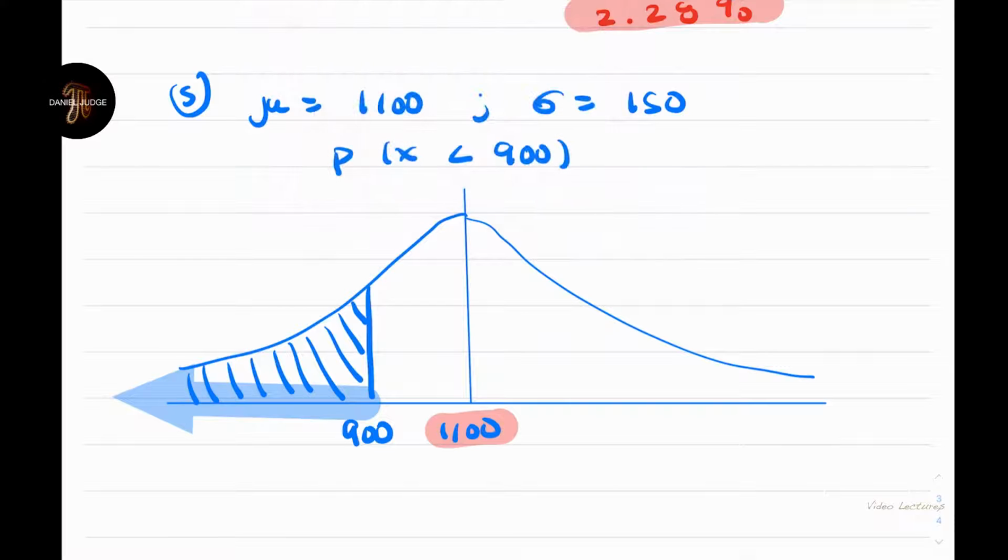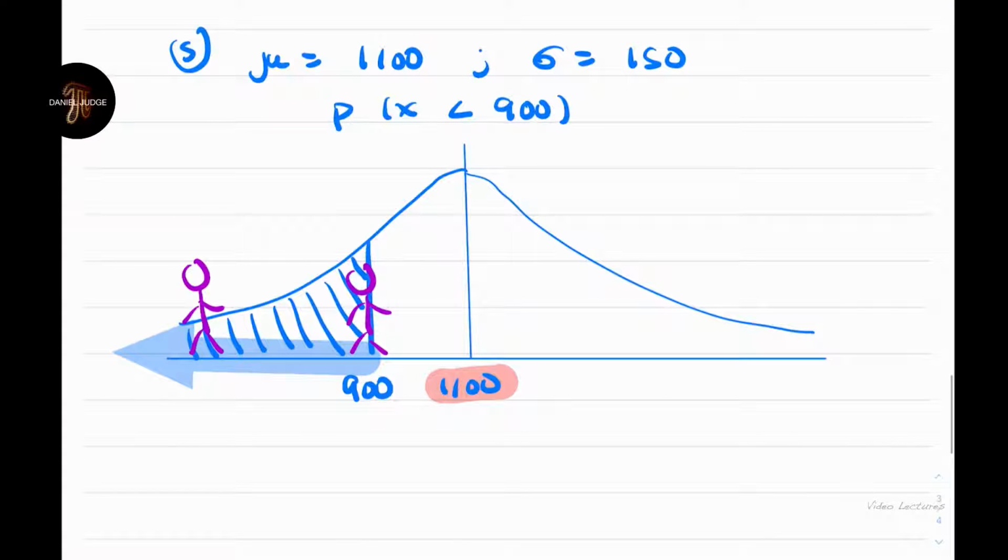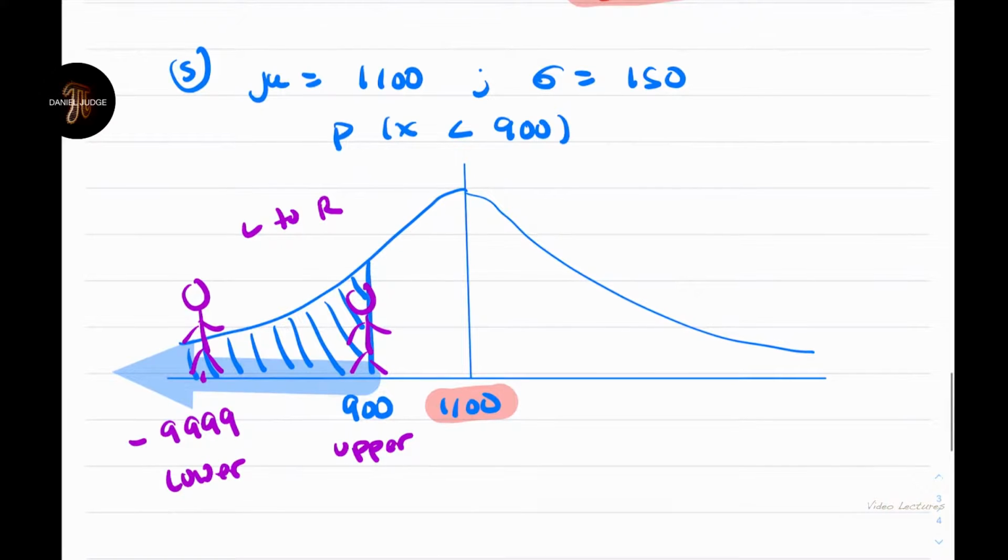So here it is. Lower values, upper values. Negative 9999. That's the default lower value. And we have an upper value of 900 because we work left to right. So there you go, ladies and gentlemen. There it is.